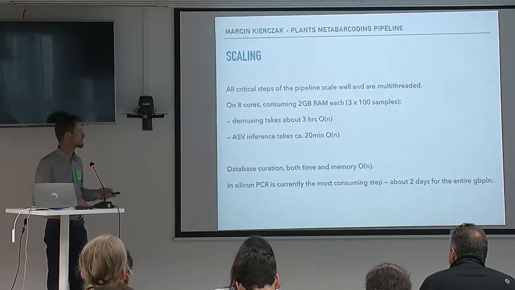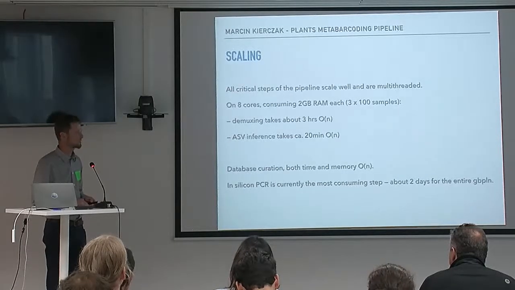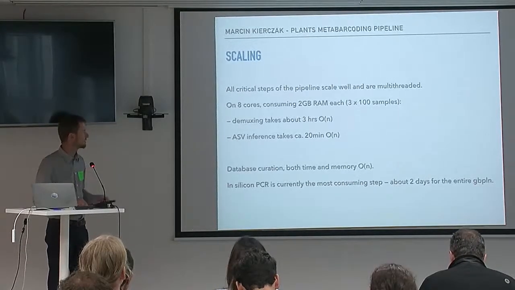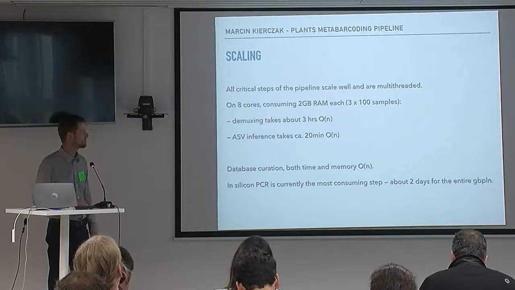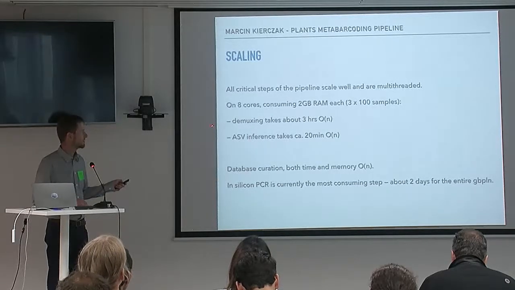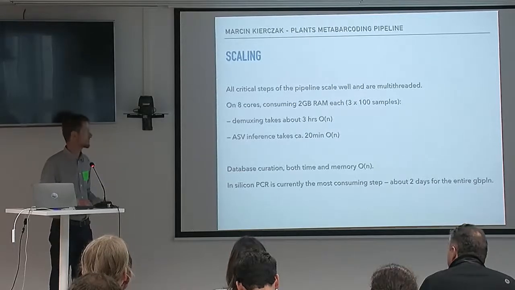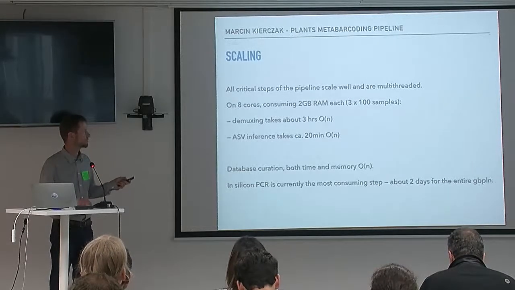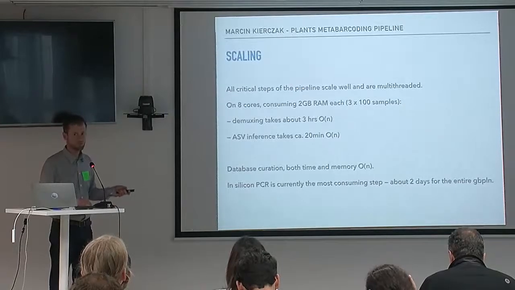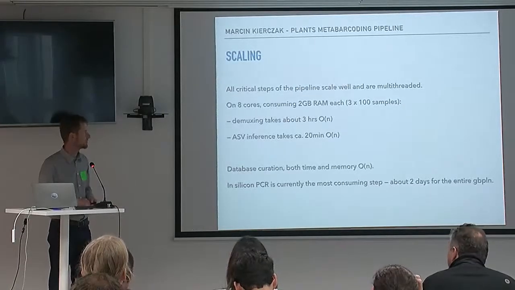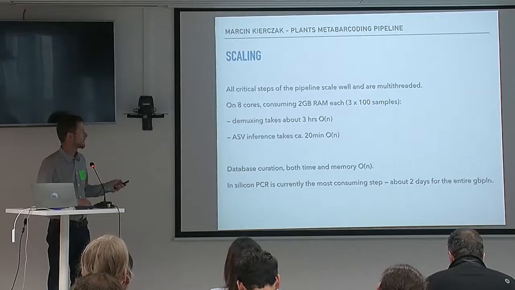But fortunately for us, there are no big computational bottlenecks here. So we are using this very simple machine, 8 cores, 2 gigabytes of RAM per core. And we found out that demultiplexing is the most time-consuming step. It's about 3 hours for 100 samples with 3 replicates, so 300 samples.